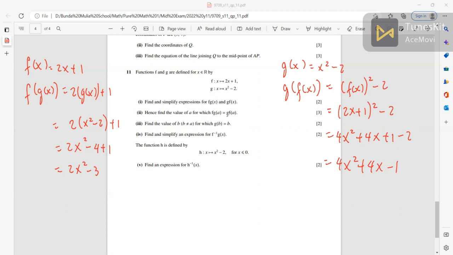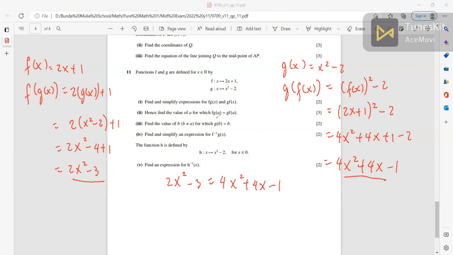The second one, find the value of a, fg equals gf. So we have 2x squared minus 3 equals gf(x), which is 4x squared plus 4x minus 1.